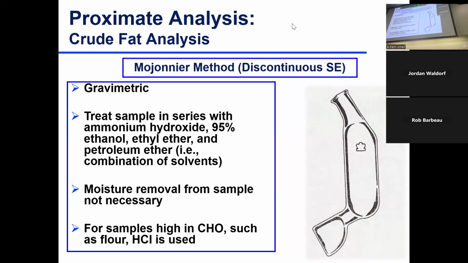If I use only pet ether, mostly triglycerides will be extracted. If you have any relatively polar fractions, they won't be efficiently extracted. If I only use ethyl ether, some of the triglycerides might not be efficiently extracted because of their very hydrophobic nature. So a combination of both.